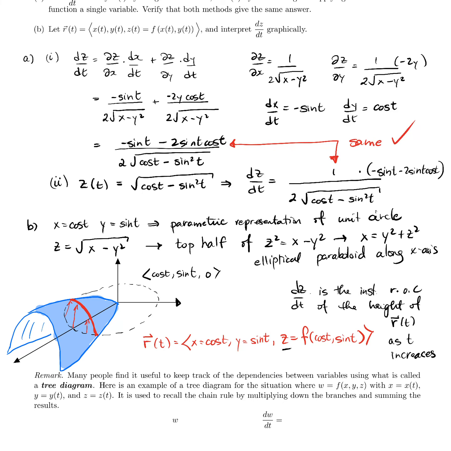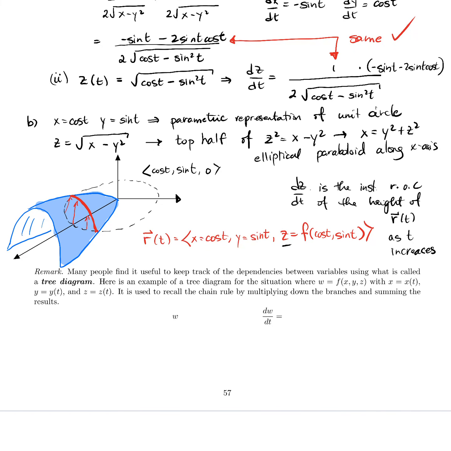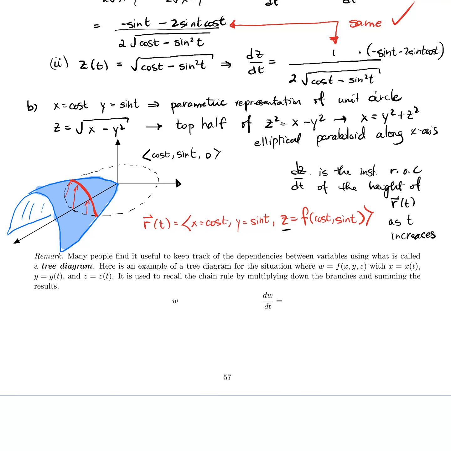Now something else about the chain rule, not related to the example above, but that is something that is useful and that we will use in further examples, is the idea of a tree diagram. Many people like using a tree diagram to keep track of the dependencies and the derivatives that are applicable between the different functions.